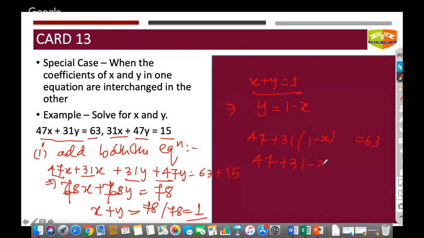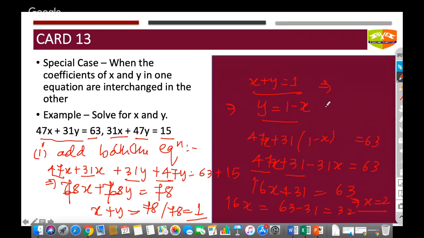So 47x minus 31x makes 16x, plus 31 is equal to 63. 16x is equal to 63 minus 31, which is 32, and x is equal to 2.